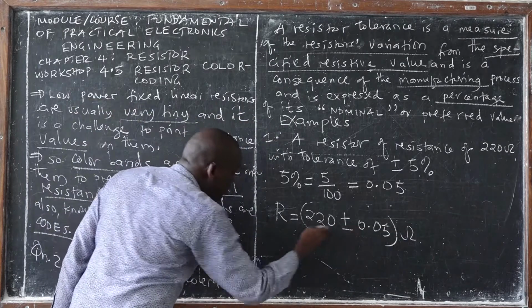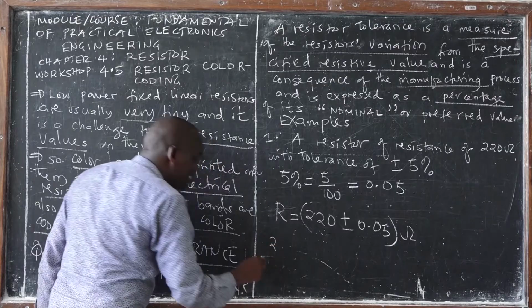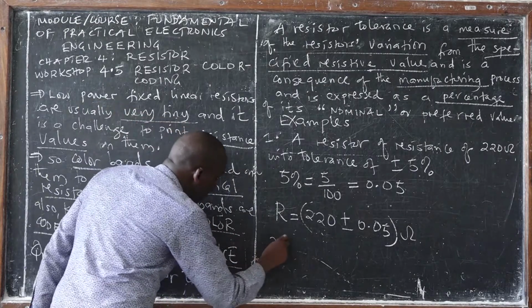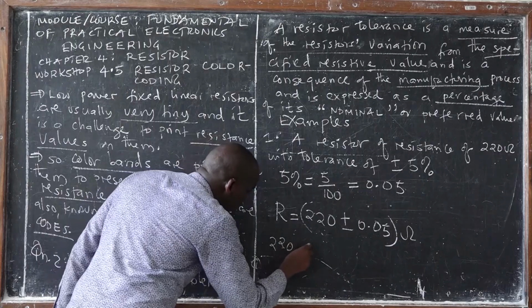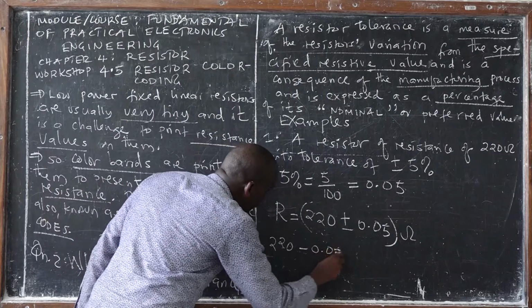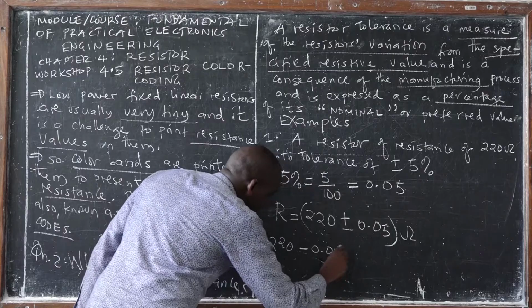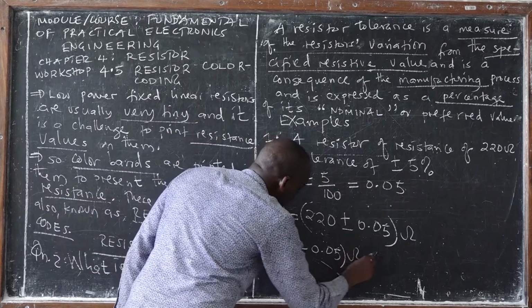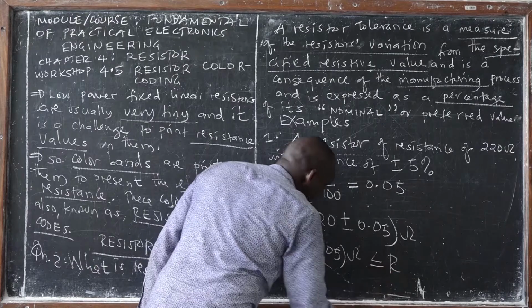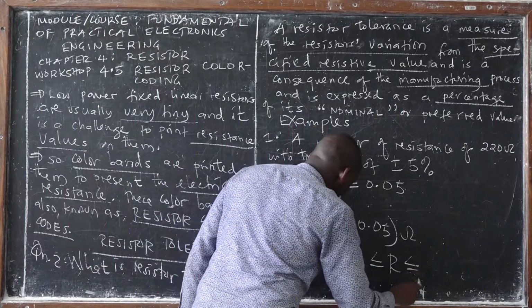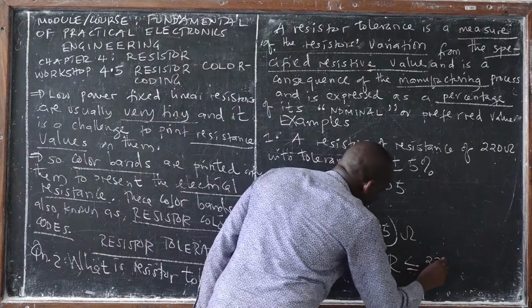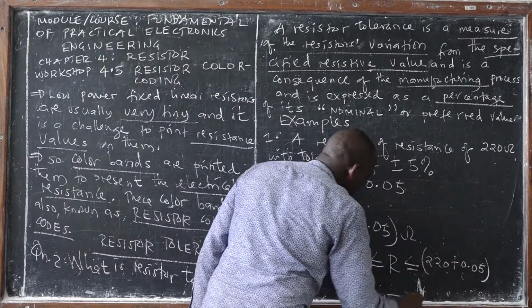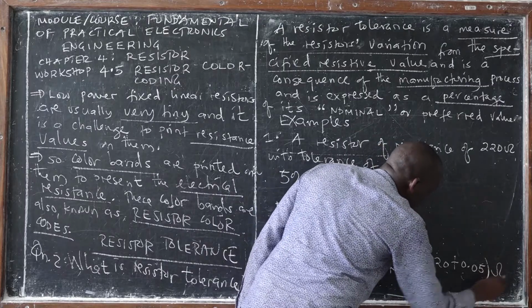The smallest value is this one. So the resistance lies between 220 minus 0.05 ohm, less than or equal to the resistance, which is less than or equal to 220 plus 0.05 ohm.